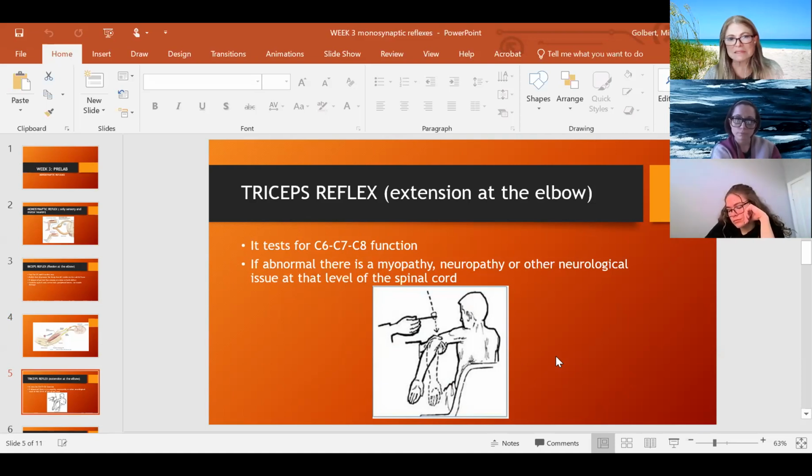So the triceps is an extension at the elbow, and it's basically testing the region of the biceps reflex, a little bit lower. We include C6, C7, and C8. And so if the patient is not responding with a positive reflex, then the doctor can tell that there's an injury in that region of the spinal cord.